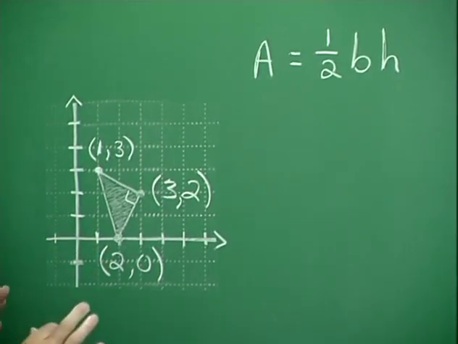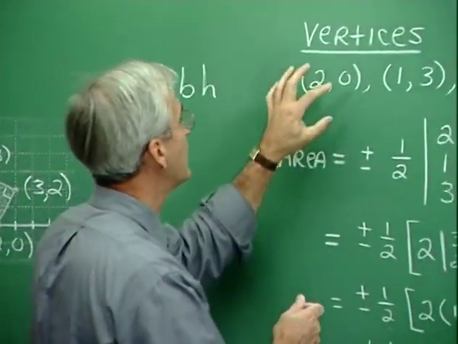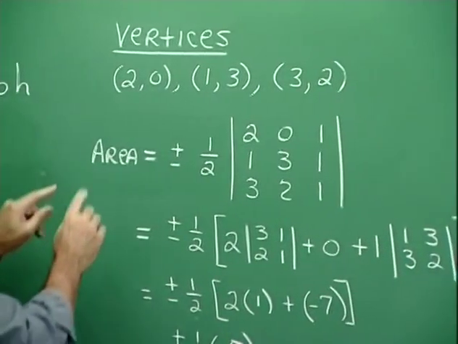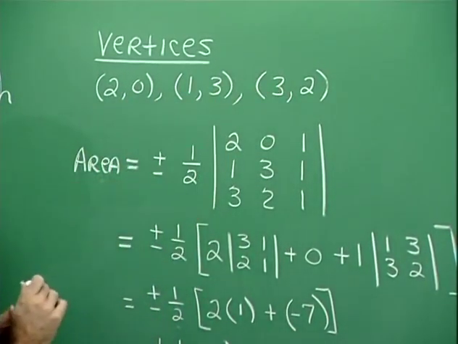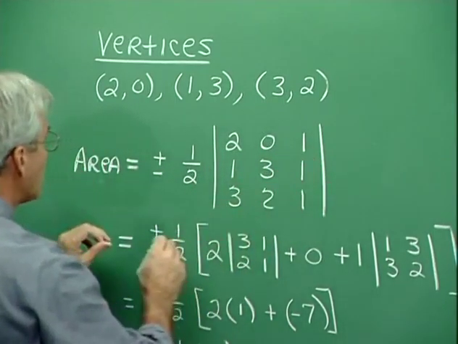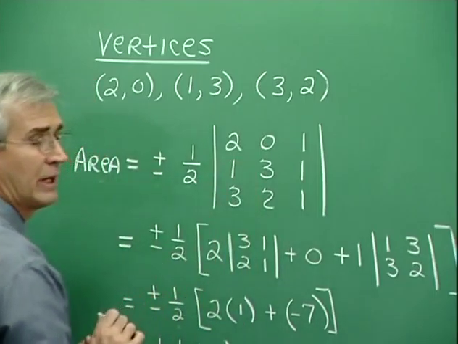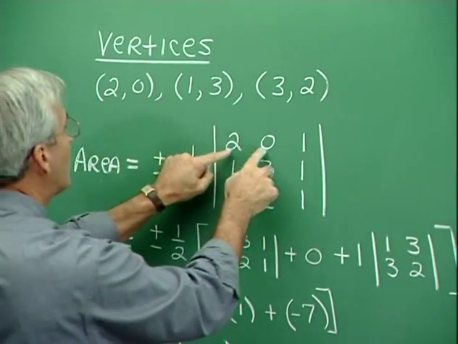Now, using determinants, though, the calculation is particularly easy. It turns out that given the vertices of 3 points, we can determine the area of the triangle having these vertices with this little calculation. It's plus or minus 1/2 times this determinant. Now, the determinant, notice, is composed of items from the vertices.